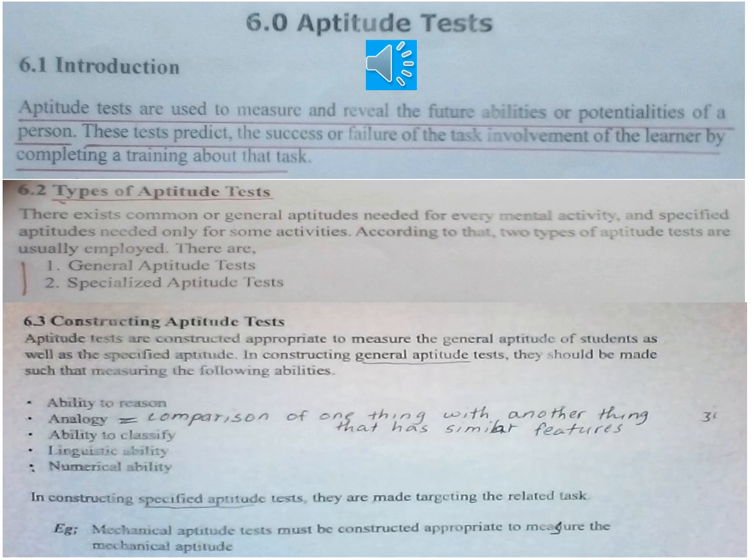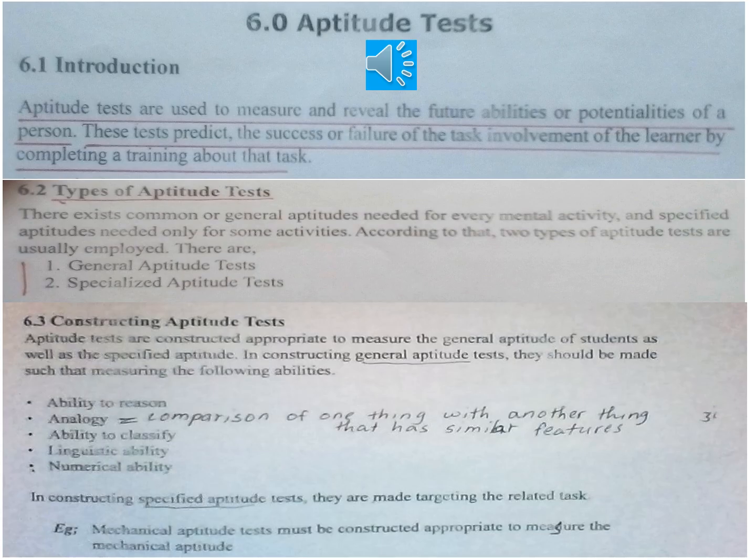Then types of aptitude tests. There are two types. What are those? General aptitude and specialized aptitude. General aptitude tests cover common or general aptitudes needed for every mental activity, and specified aptitudes are needed only for some activities, right?